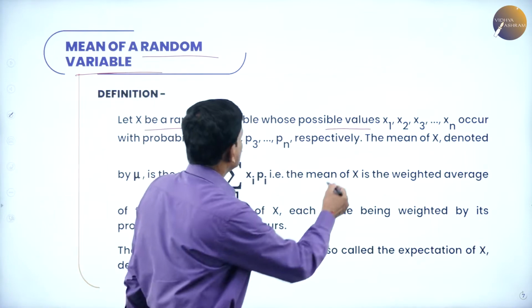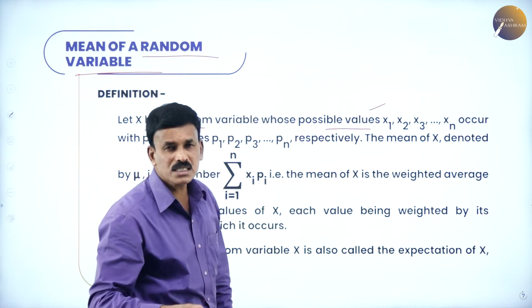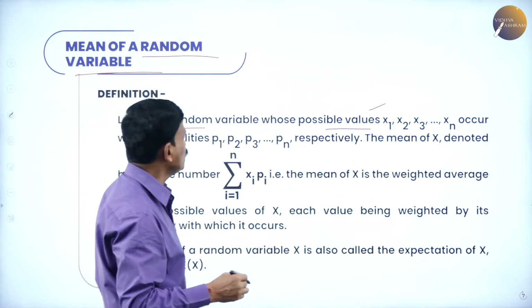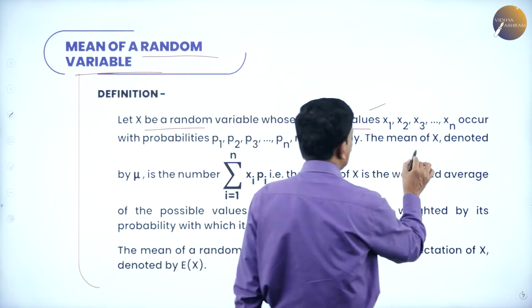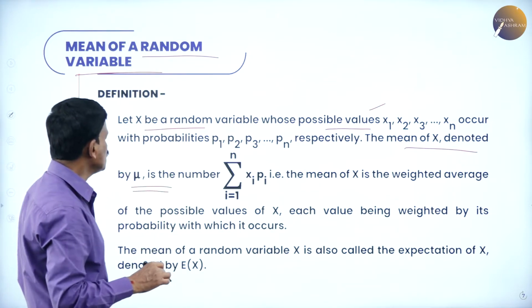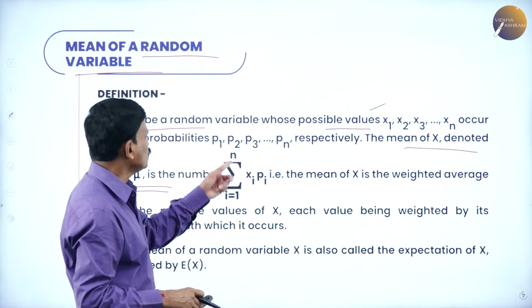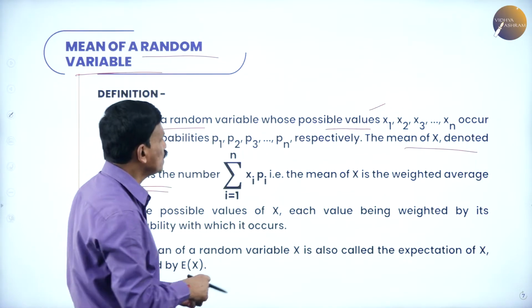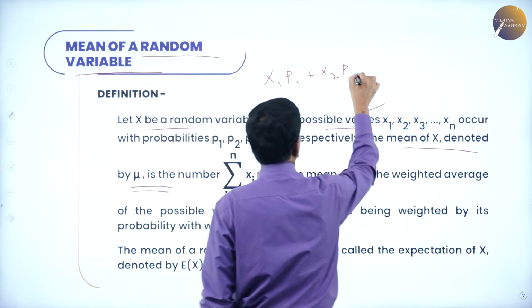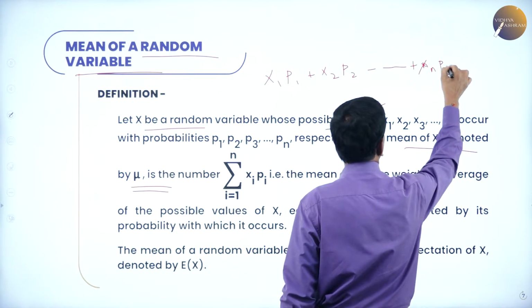So for a random variable x, the possible values are x1, x2, x3, etc., xn, whereas the corresponding probabilities are p1, p2, p3, etc., pn respectively. Then the mean of x is denoted as mu. Mu is the mean, and it's a number given by sigma i is equal to 1 to n xi into pi. That is nothing but x1 p1 plus x2 p2 etc. plus xn into pn.